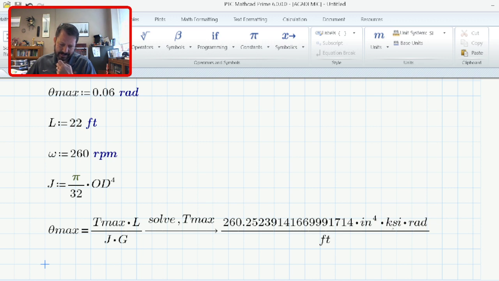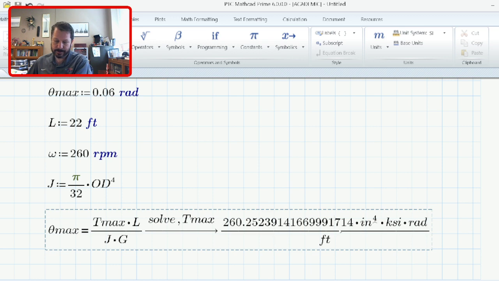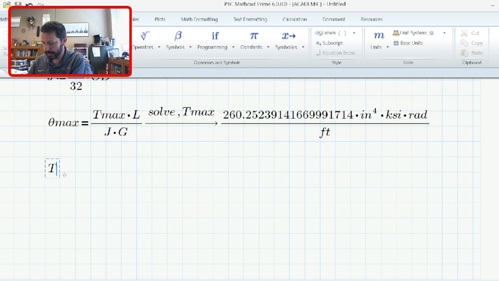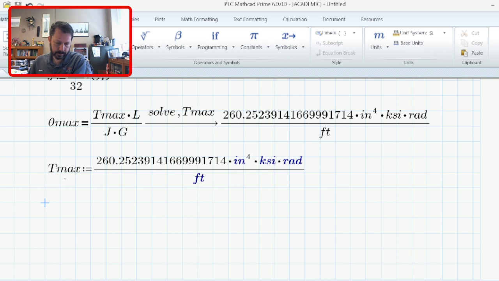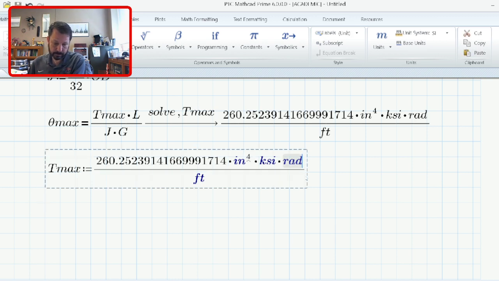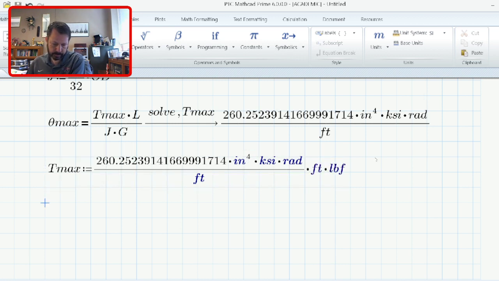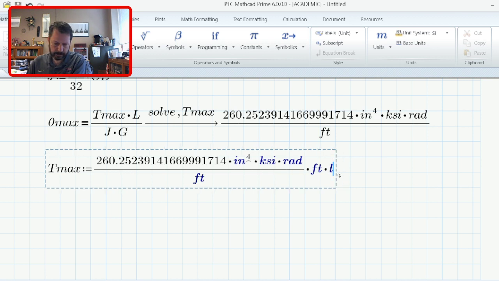Is that 1,000? Oh wow! But the inches to the fourth over feet, it decides to do some weird units here. But let's see what we got. T max equals that number. Let's see if we can get it to put it in foot pounds. No, not that way. I don't know how to really have a unit placeholder. It's just kind of these weird units.